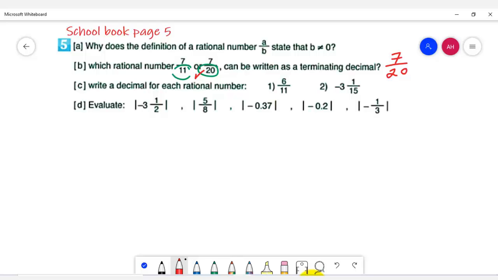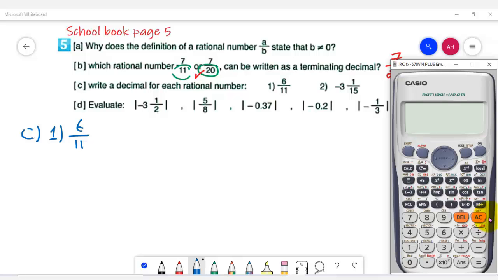Let's go for number C. Write a decimal for each rational number. Let's begin with the first one. Number 1 is 6 over 11. This is a rational number. How can I write it in decimal form? Simply go to your calculator and write 6 over 11, then equal, and change it to decimal. 0.54, and the 5 and the 4 are repeated.